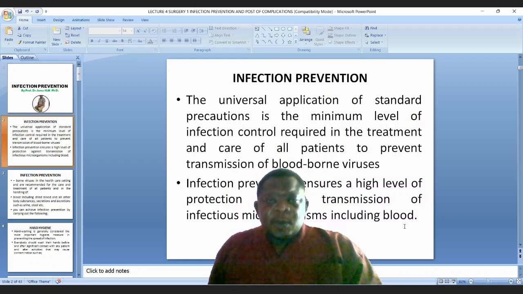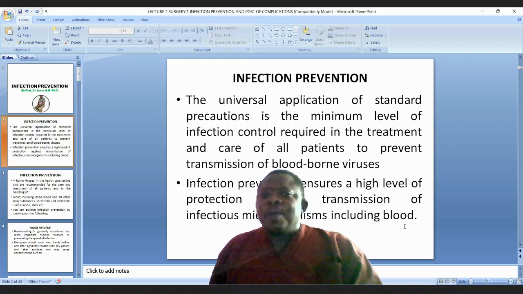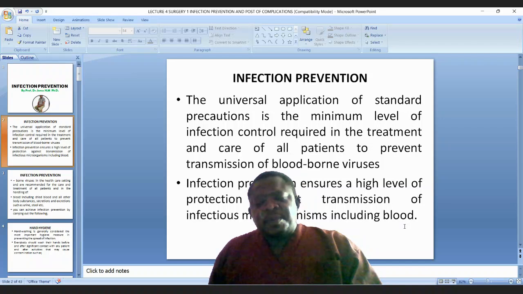So, infection prevention is a universal application of standard precautions in order to have a minimum level of infection, or it is a standard precaution that provides the minimum level of infection control required in the treatment and care of all patients, to prevent transmission of bloodborne viruses.